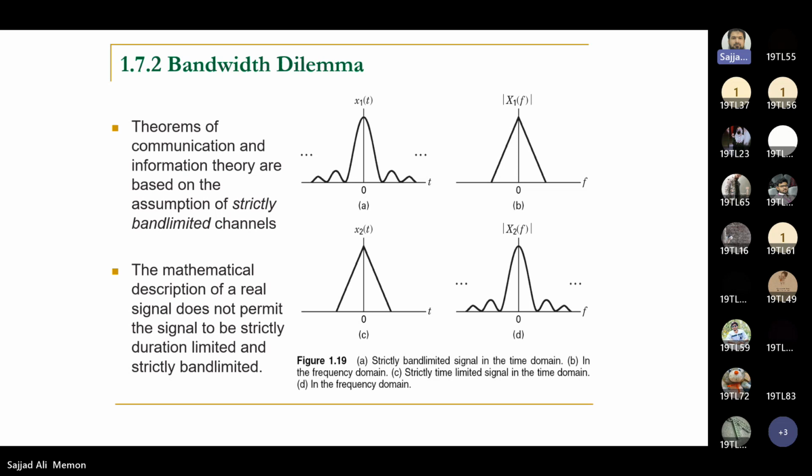The sync function is converted into this in the frequency domain, and vice versa in the previous figure. So you can see in figure A we have strictly band limited signal in the time domain. So this one is band limited signal, and in B we have the frequency domain signal that we get from here, and then in the C we have strictly time limited signal in the time domain, and in the D is in the frequency domain.